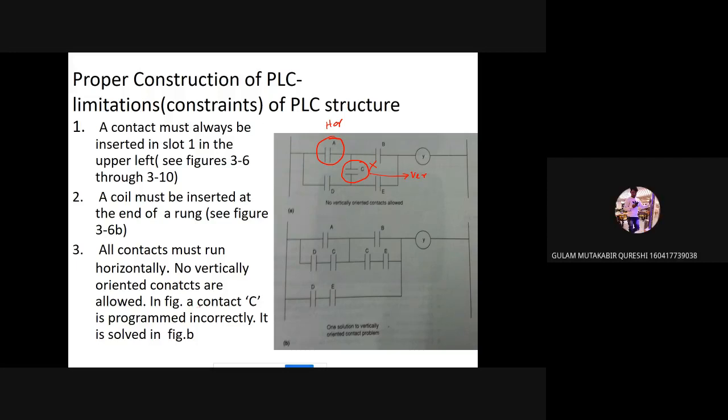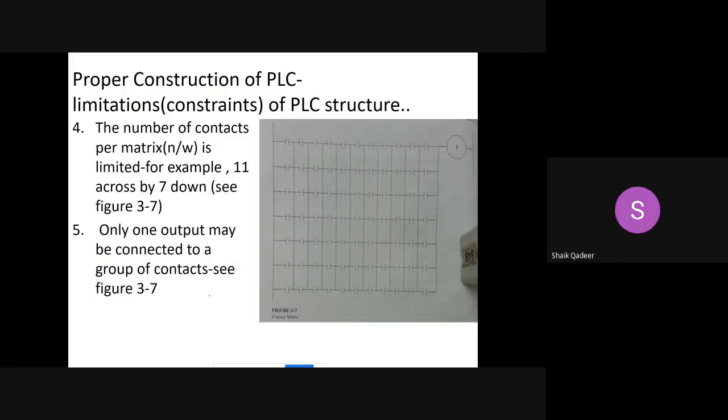Yes, sir. Sure. Okay. Rule number 4 says that the number of contacts per matrix is limited. You may ask me a question. What is matrix here?